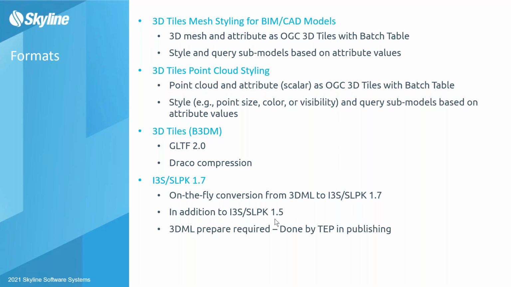So Skyline Globe server will take the 3DML and expose it as 1.5, converting on the fly. And if it's a newer version or a higher level product, it will request and receive 1.7 SLPK. And there is some preparation done for that. When you publish the project from TerraExplorer, we'll take the 3DML and make it I3S ready.